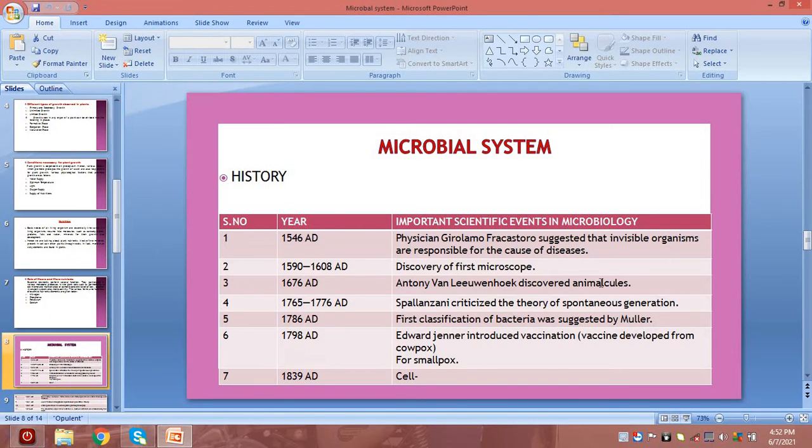Who used this word animalcules? Antony van Leeuwenhoek. He discovered all these small animals and named them animalcules. The bacteria, fungi, algae, all come under the microorganisms, and he used this word animalcules for all the microorganisms in the year 1676 AD.